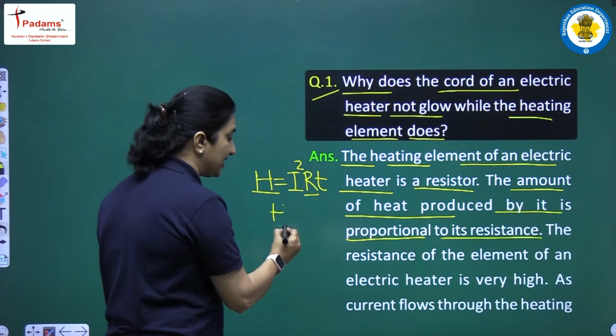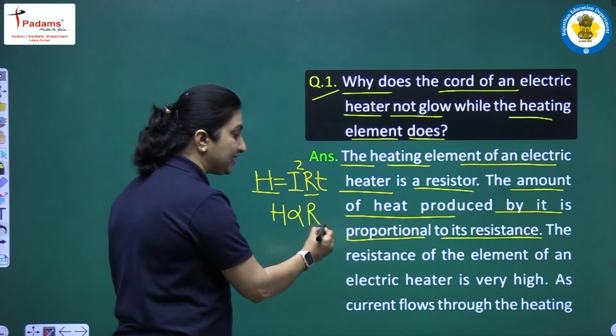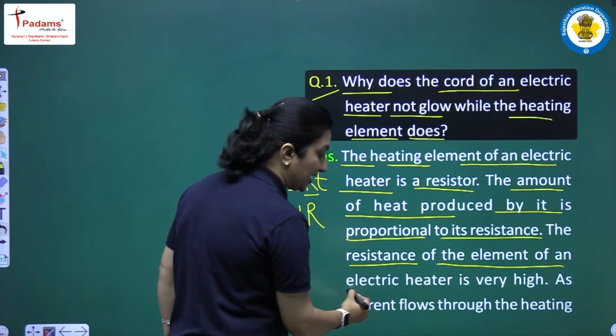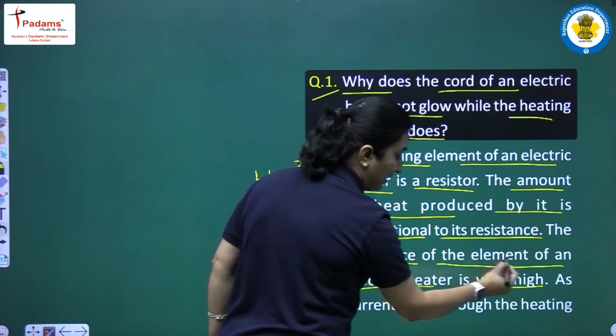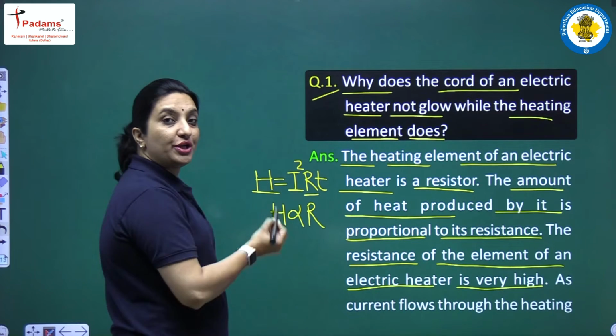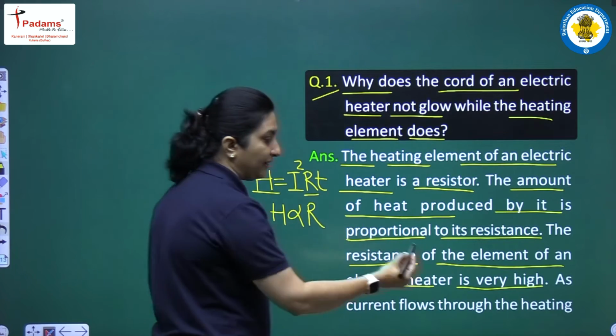So H is directly proportional to the resistance. The resistance of the element of an electric heater is very high. Now here the resistance is very high, so the heat produced is also very high.